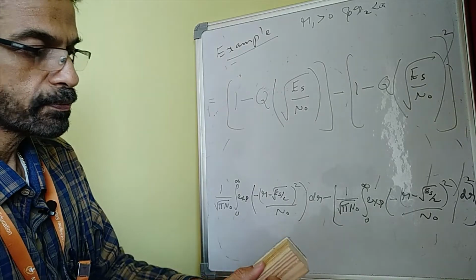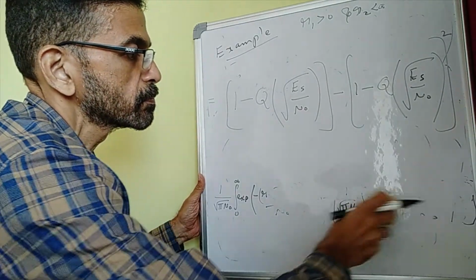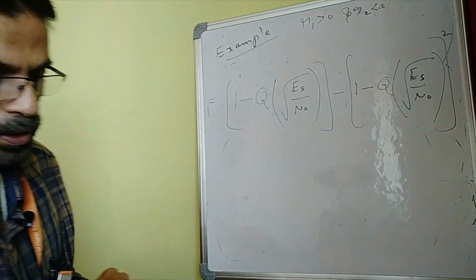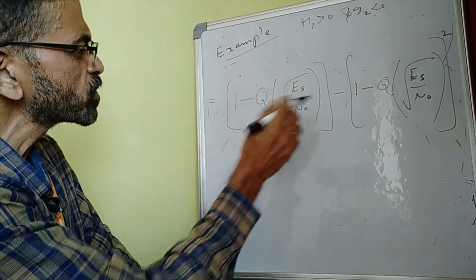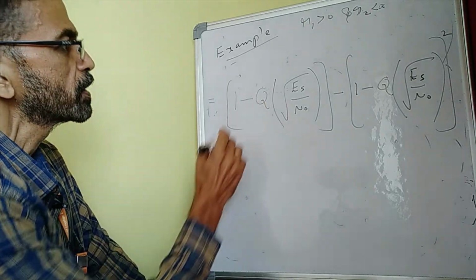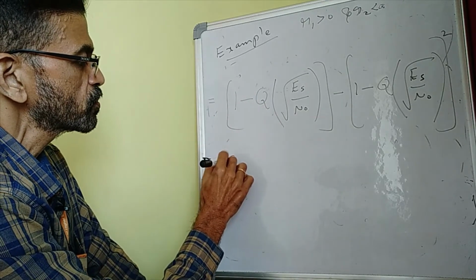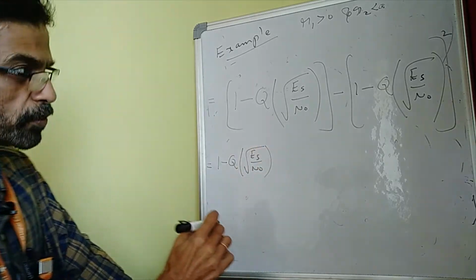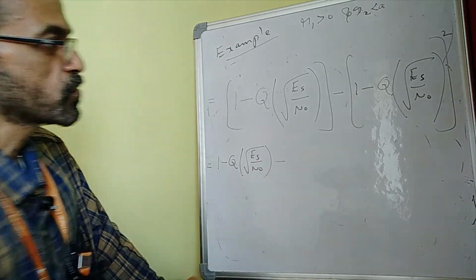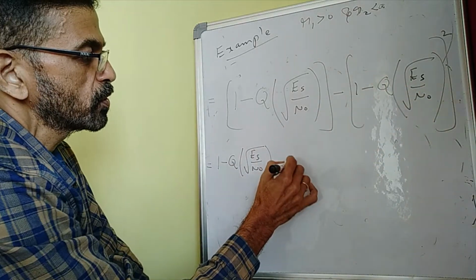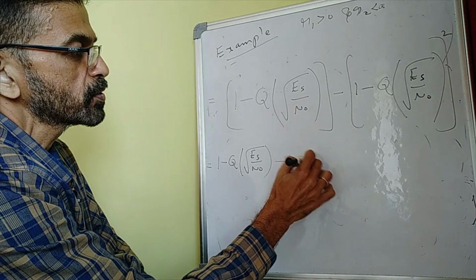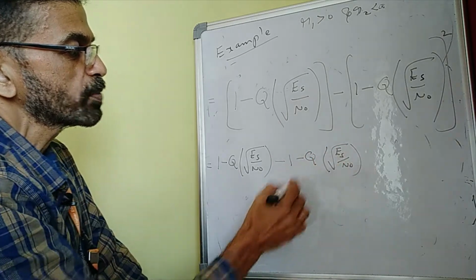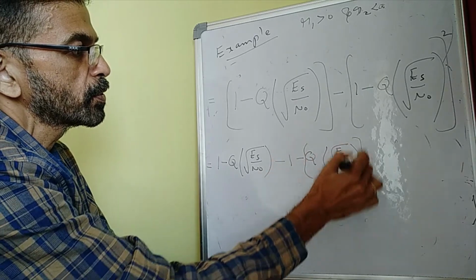And of course, we can expand this and write it as 1 minus Q of root Es by N naught, minus, so we square this, 1 minus Q of root Es by N naught, square.